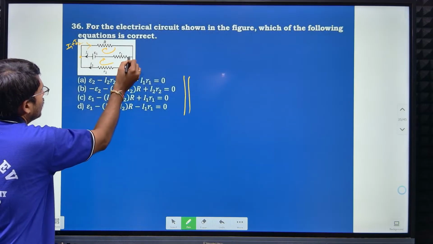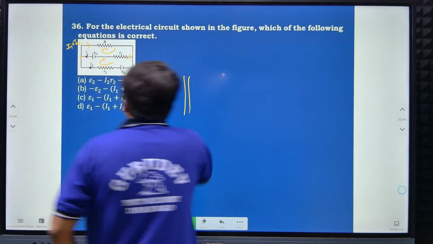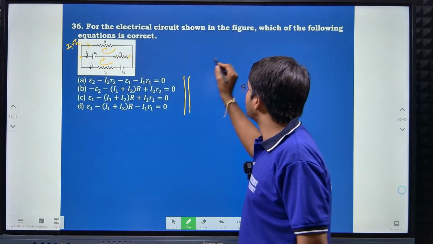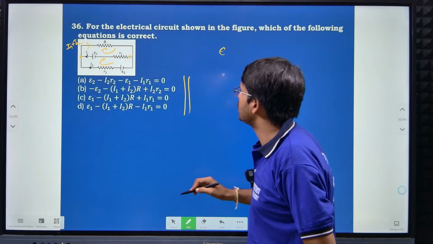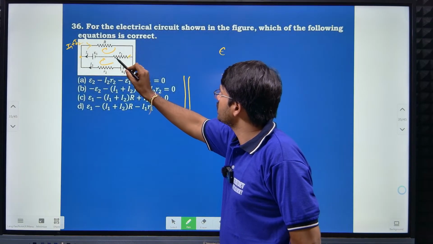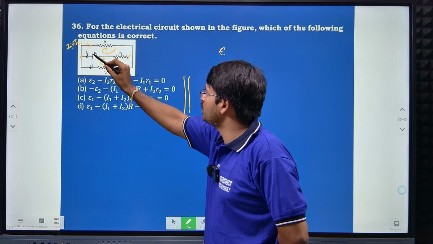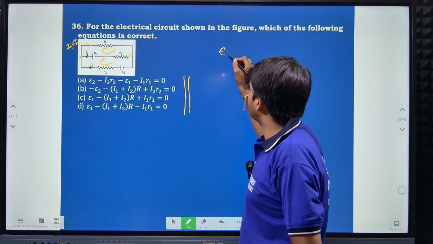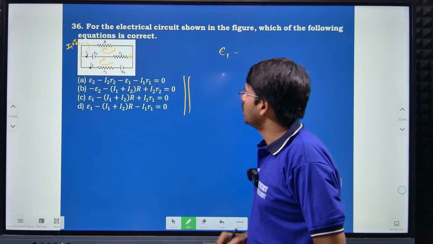And what is the current passing through this? The current passing through this will be just I1. What is the equation it becomes then? For the first loop, because we are moving in this particular direction, from lower potential to higher potential we take it as positive, and along the direction we take it as negative.